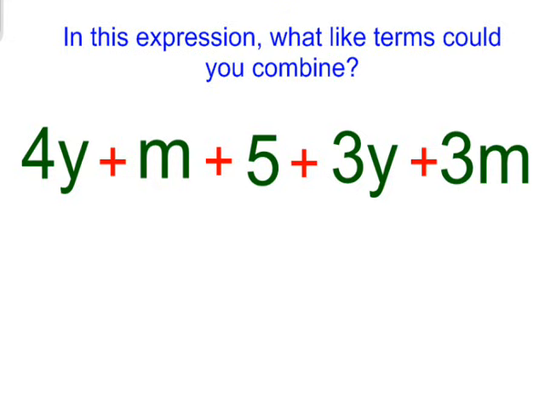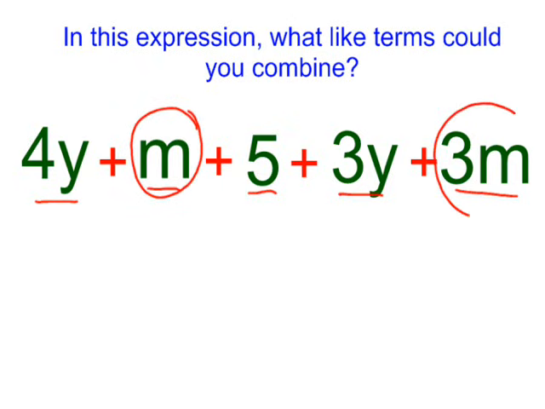In this example, we have 1, 2, 3, 4, 5 different terms. Let's see if we can combine anything. Now remember, they have to share the same variable. Here we have 4y. We have an m, a number, 3y, and 3m. Well, let's combine the m's first. We have 1m and we have 3m.